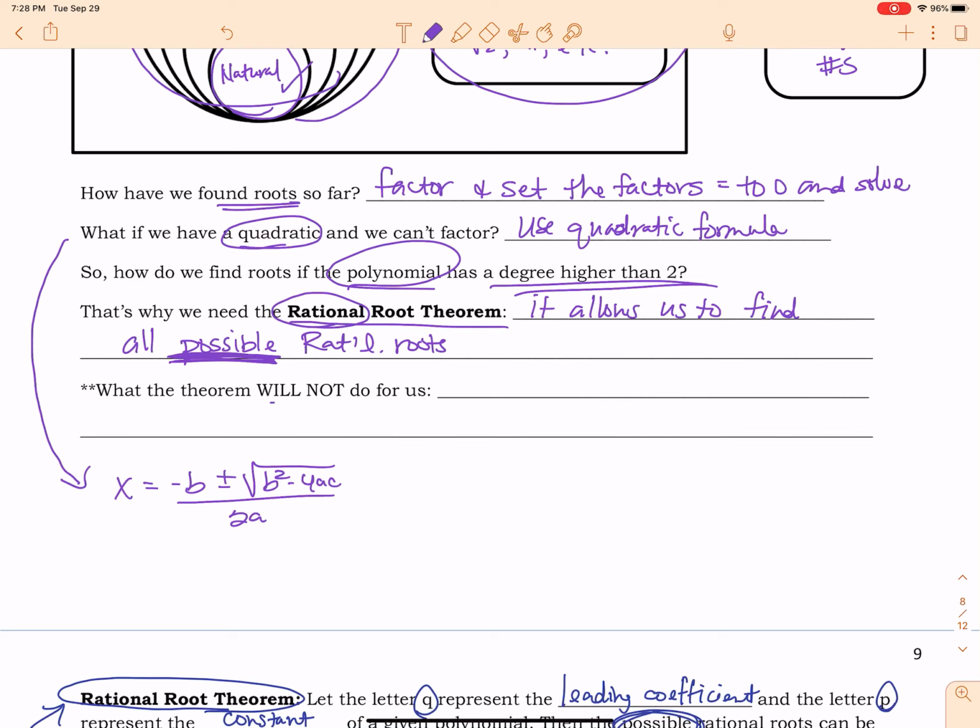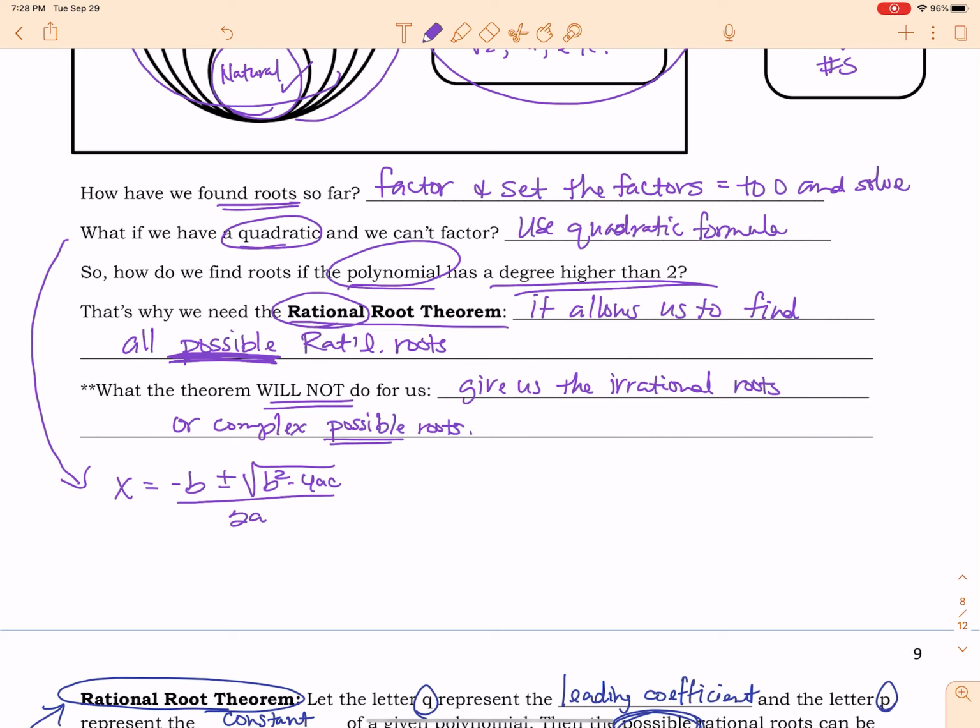What the theorem will not do for us is it will not give us the irrational roots or complex possible roots.